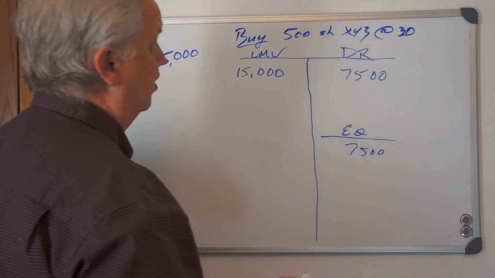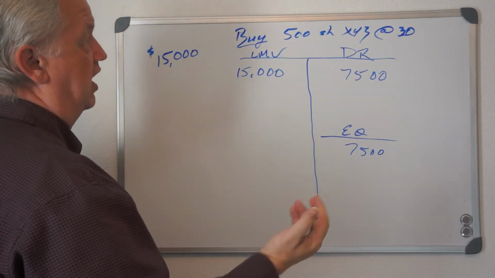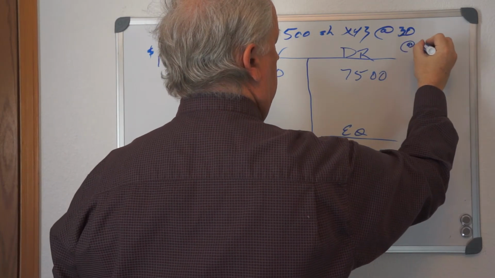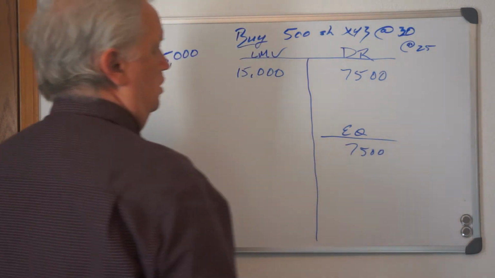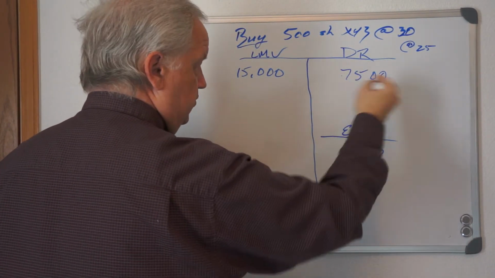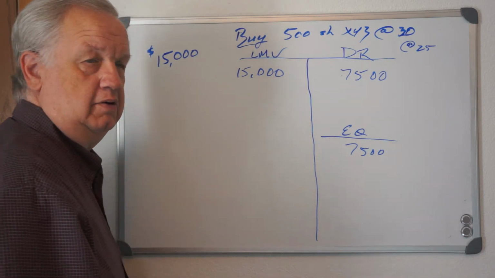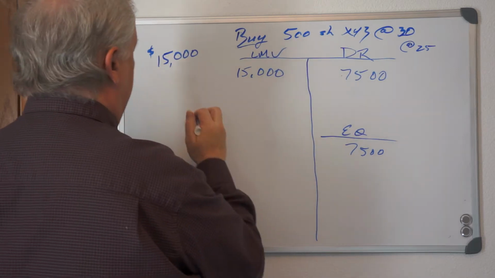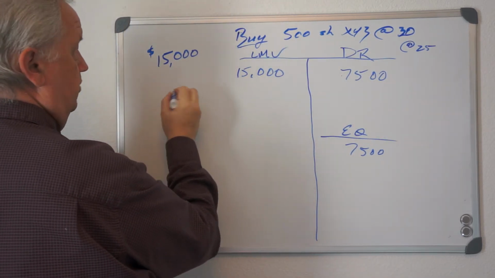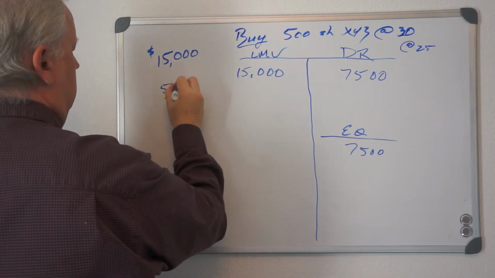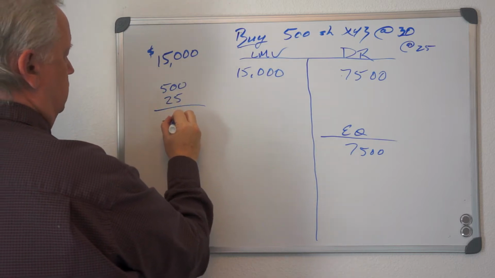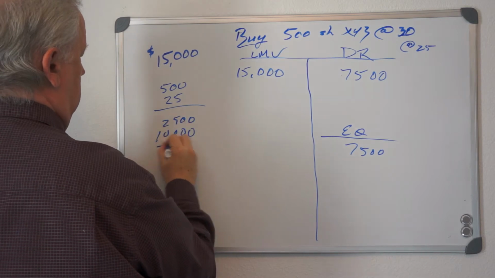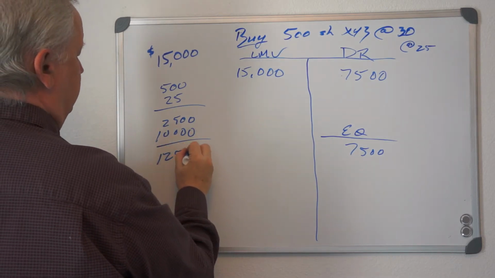So let's figure it out at 25. The debit is always going to be the same. I don't have to readjust that. You owe $7,500. But at 25, let's do the math. 500 shares at 25. That's 2,500 plus 10,000. So 12,500.